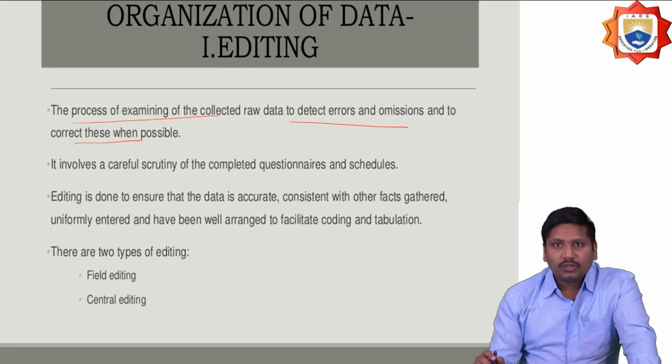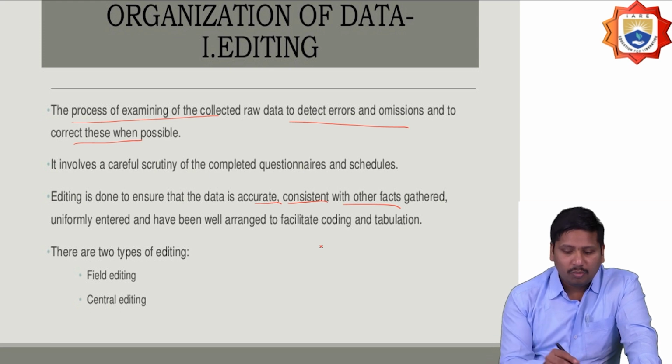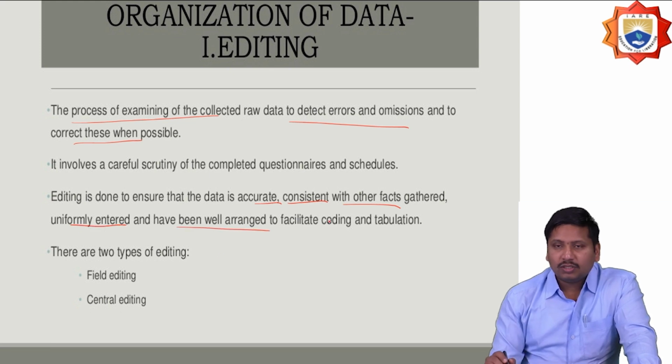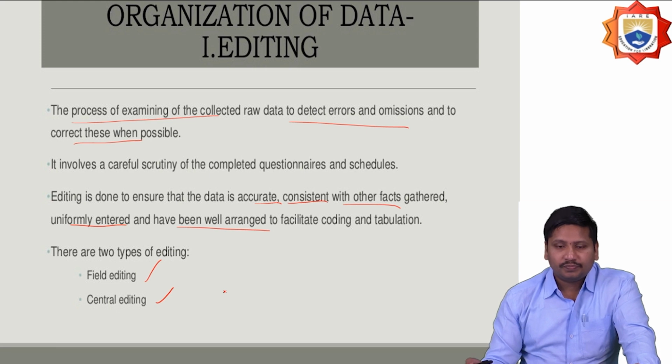It also involves a careful scrutiny of the completed questionnaires and schedules, to ensure that the data is accurate, consistent with other facts gathered, uniformly entered, and well organized to facilitate coding and tabulation. There are two types of editing. The first one is field editing and the second one is central editing.